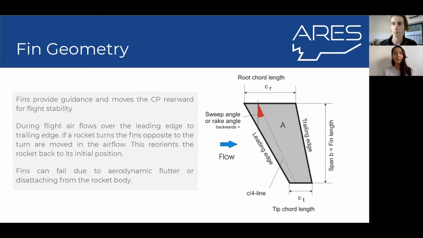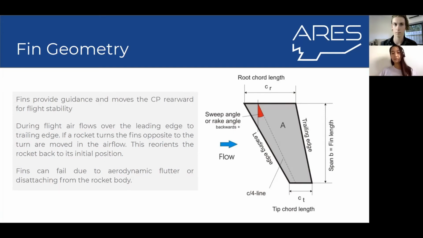Awesome. Yeah, so fins are highly important because number one, like what Cas mentioned, they move the center of pressure rearwards. So that's crucial for stability because we want that center of pressure to be more towards that rear section of the rocket.